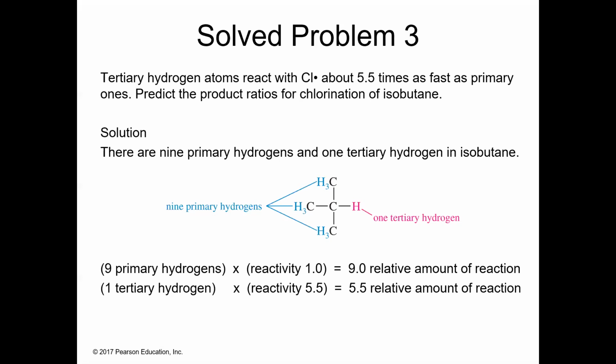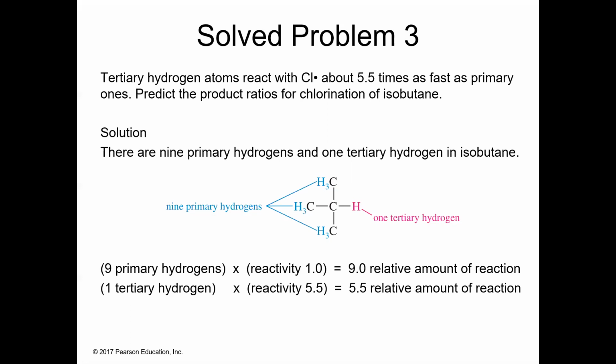Okay, so secondary CH bonds are 4.5 times more reactive toward chlorination than primary. Tertiary CH bonds are 5.5 times as fast as primary ones.